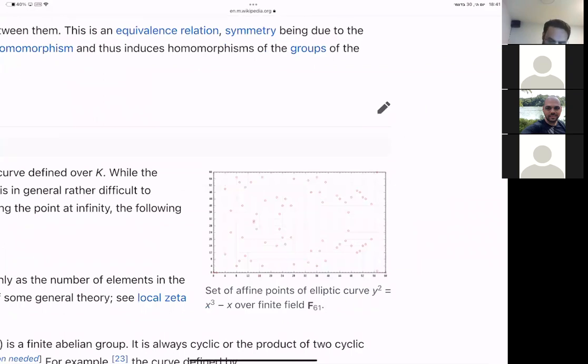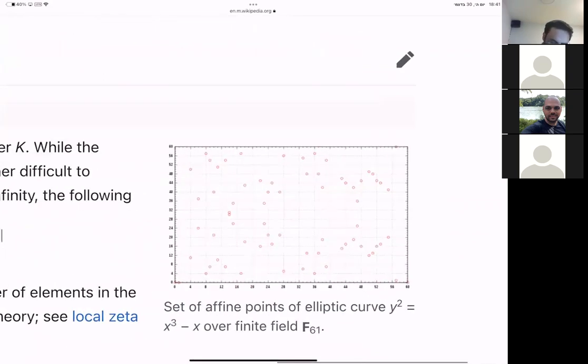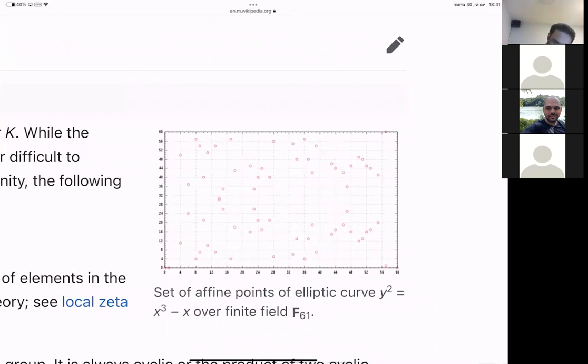This is the rational point. What you see here are the rational points of the elliptic curve over a prime field F61. I don't know how you say it, a mess. You don't understand anything here, because once you do it modulo, all these points seem to have no rule.